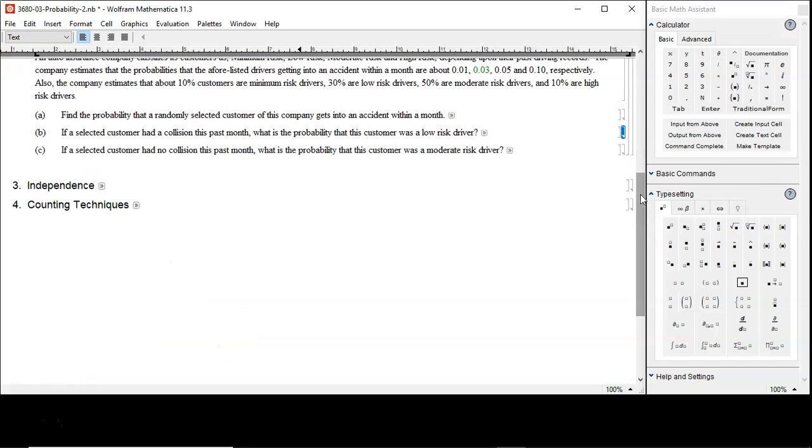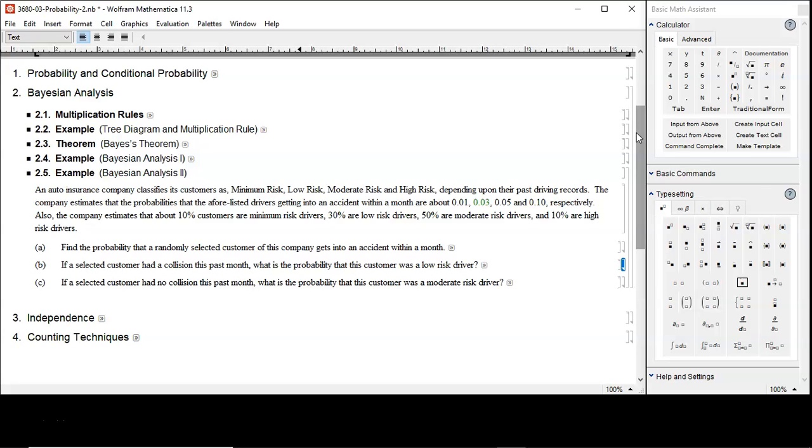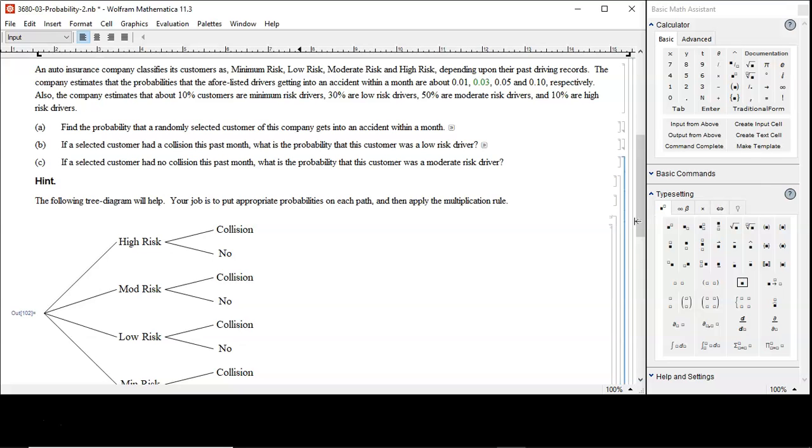If a selected customer had no collision past month, what is the probability that this customer was a moderate risk driver? So this time we have to consider no collision. So you have to consider that blue case. Let's see, here we go.